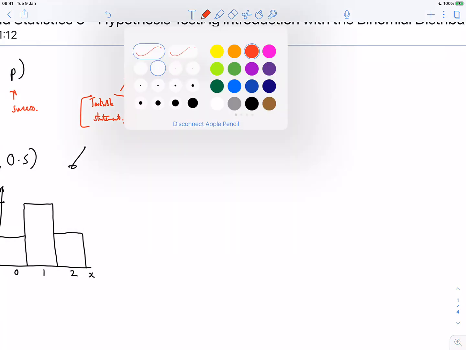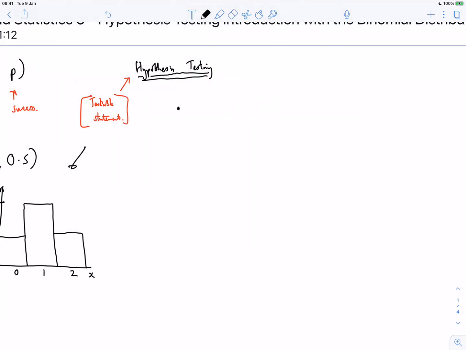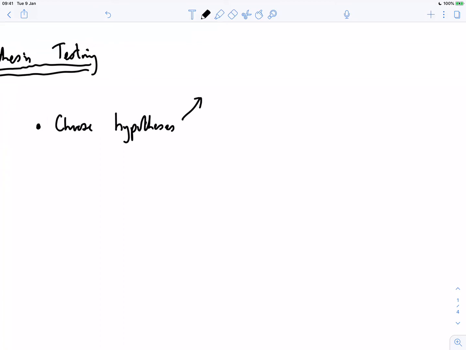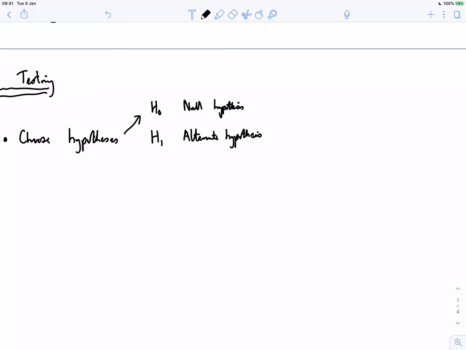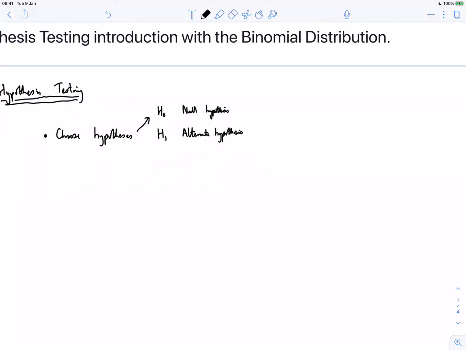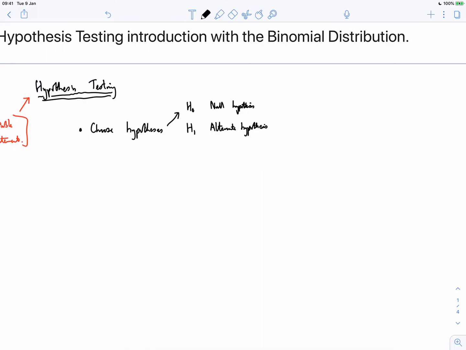So here are the steps. Step 1 is we choose our hypotheses. Generally speaking, we have H0, which is called the null hypothesis, and H1 is the alternate hypothesis. Now there are examples where that's not necessarily the case, but for most of the distributions that we're going to be testing against for the immediate future, it's just going to be H0 and H1.